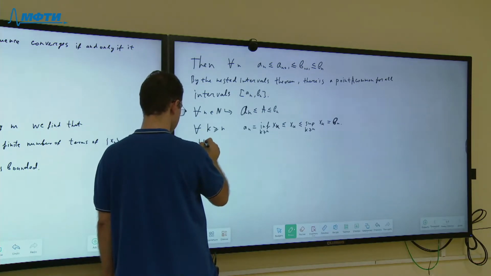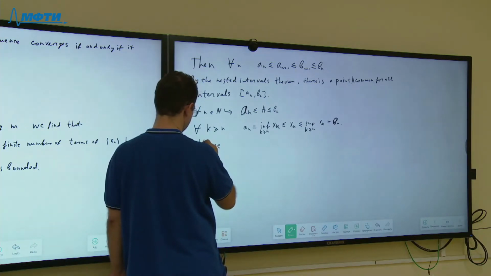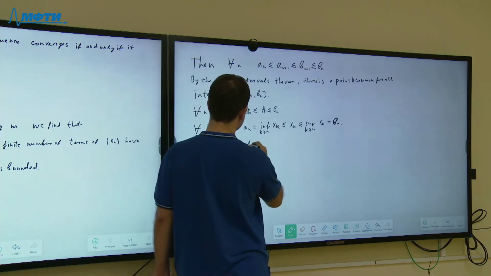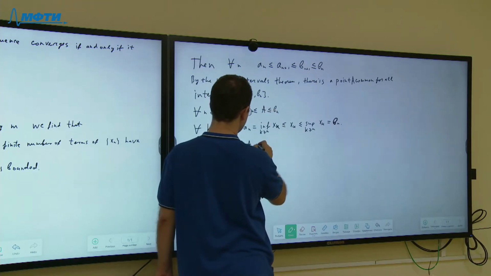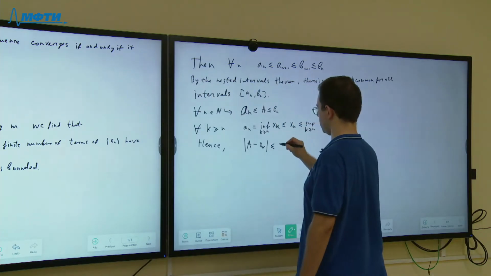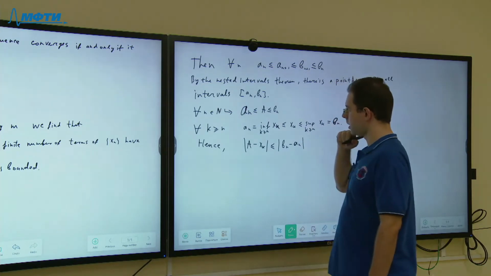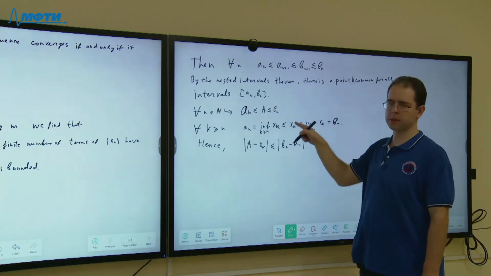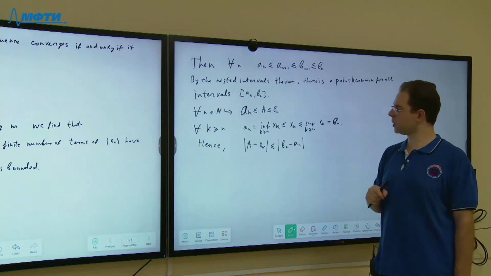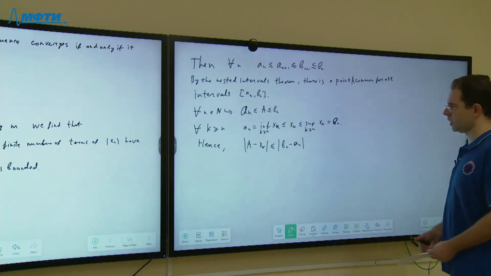Hence the distance between those two numbers, a minus xk, absolute value, should be less than bn minus an. So basically, those two numbers both lay on the same interval, so the distance between them is not greater than the length of this interval. Okay, very well.